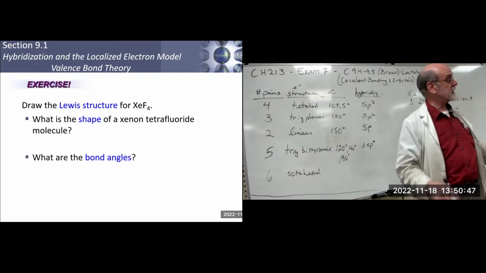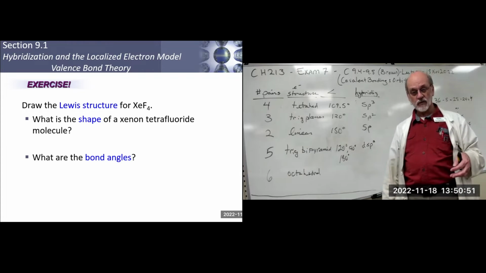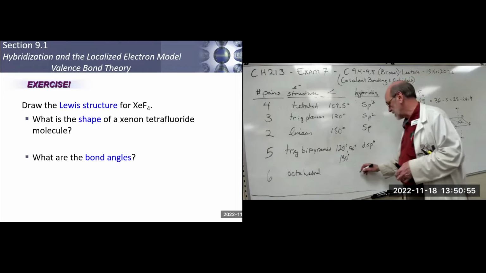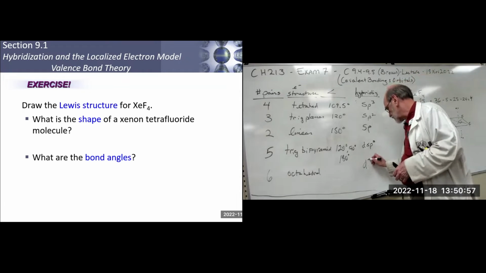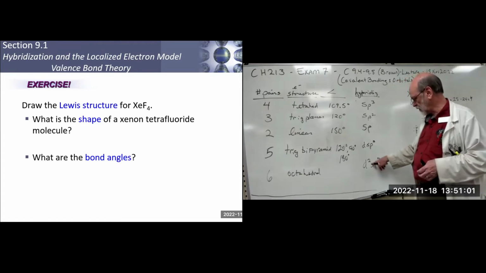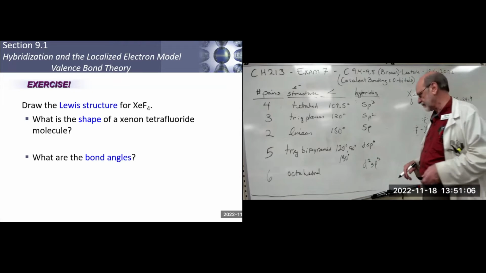Well, xenon is in the 5th period, so it definitely has access to d orbitals. What we need is actually 2 d orbitals. So 3, 4, 5, 6. That gives us 6 equivalent hybrid orbitals.